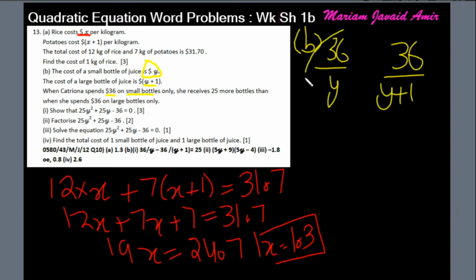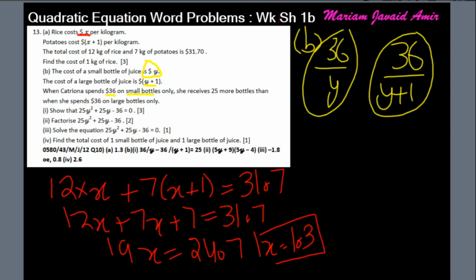So this is giving us the number of small bottles if she's only spending the money on small bottles, and this is giving us the number of large bottles if she's only spending on large bottles, and we're told that the difference between these two is 25.